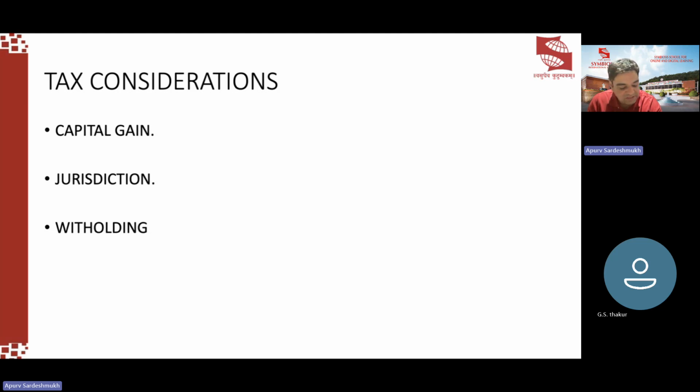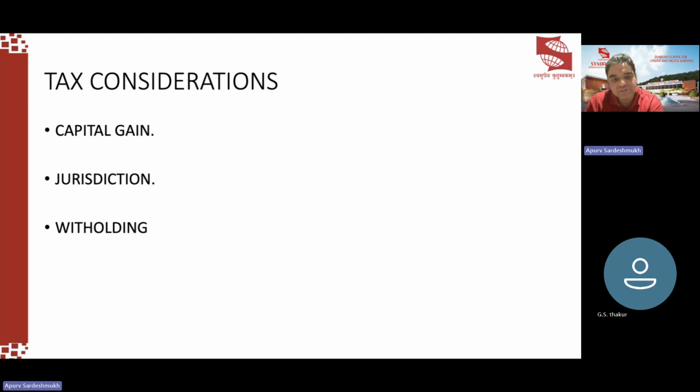Whether you're selling assets or whether you're selling shares, the seller receives an amount, and whatever amount the seller receives is taxed. Because it's a capital asset that is sold, it is a capital gain tax.